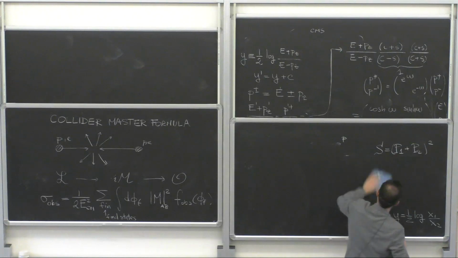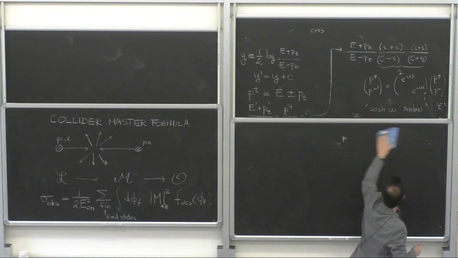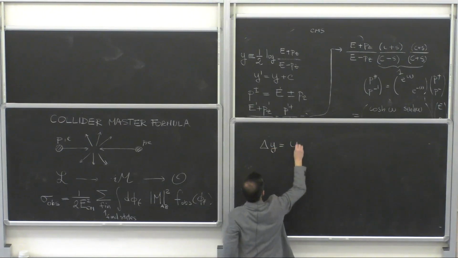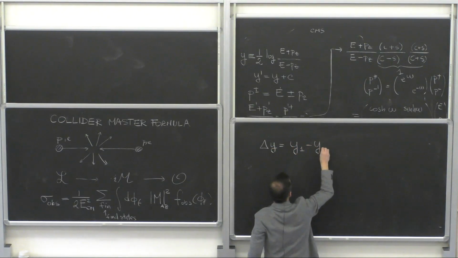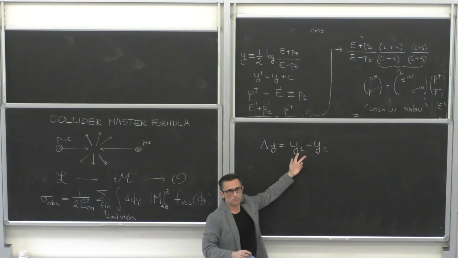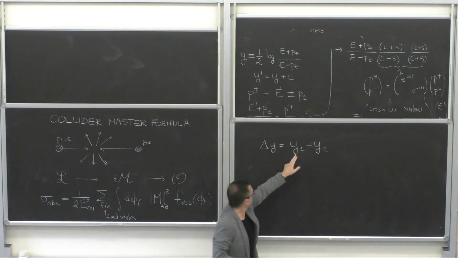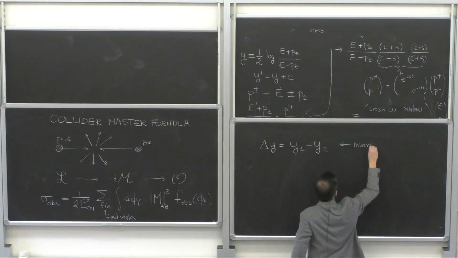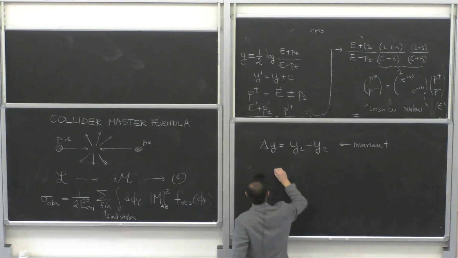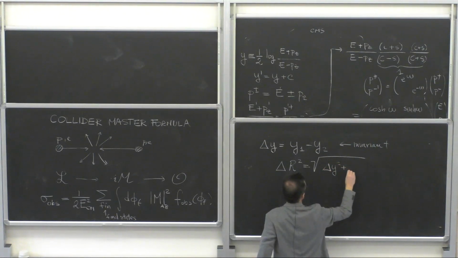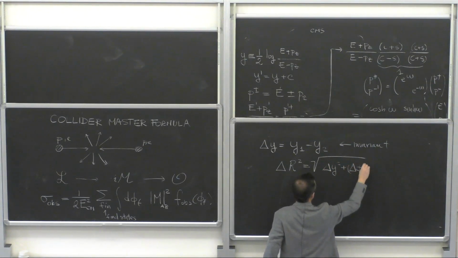which is Lorentz invariant. Okay, so now you say that you have particle 1 with rapidity 1 minus particle 2 with rapidity 2. This object is Lorentz invariant because the constant will cancel between y1 and y2. So this is invariant. Therefore, I can build a distance now, which is delta y squared plus delta phi, for example, squared, right?